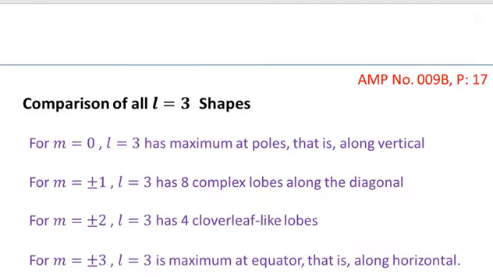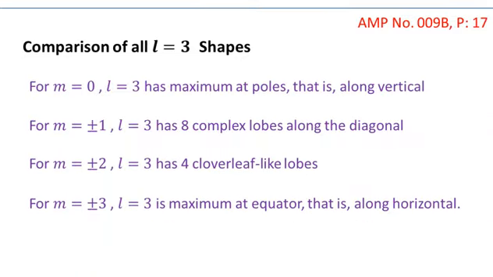So you see that this is a summary that I have already discussed, while discussing the m is equal to 0 case, the m is equal to plus minus 1 case, the m is equal to plus minus 2 case, and the m is equal to plus minus 3 case, along with l is equal to 3. I have also discussed these things while discussing all these figures individually.